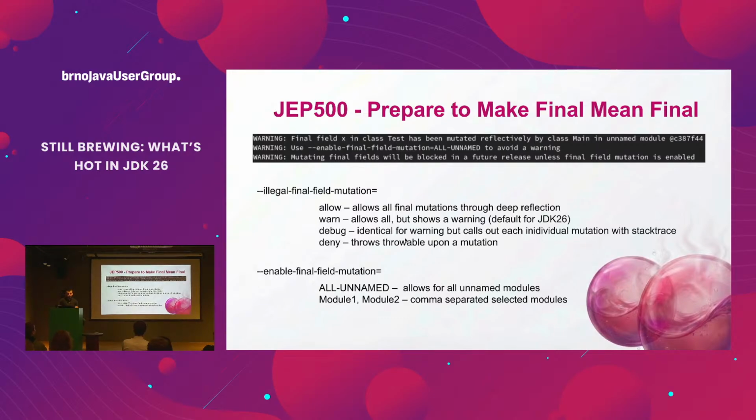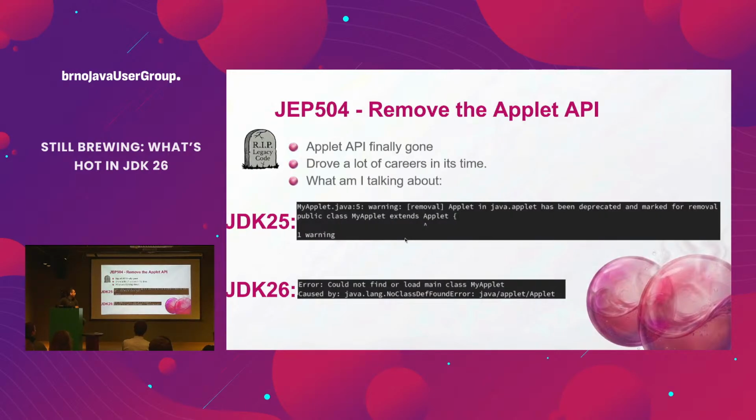Okay. So next one, removing the Applet API. The Applet API has been with us for 30 years this year. And as a married man who has a 30-year-old wife, I have to say that it's a fairly new, fairly fresh feature.